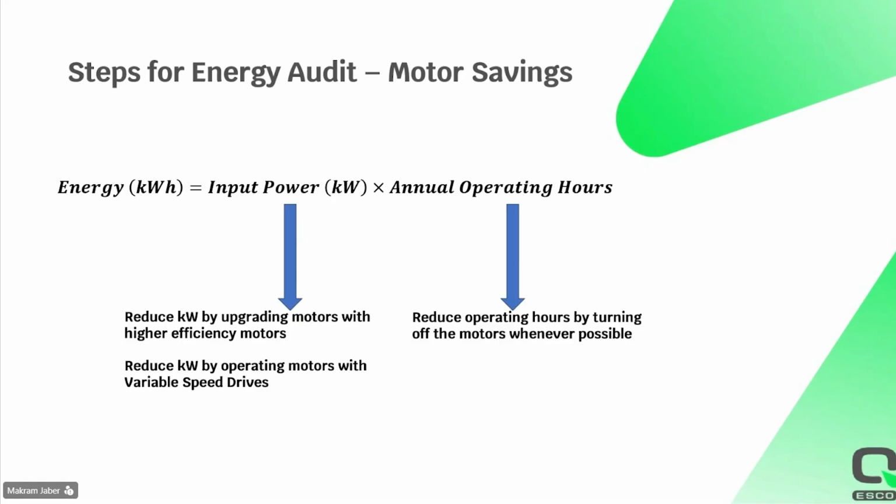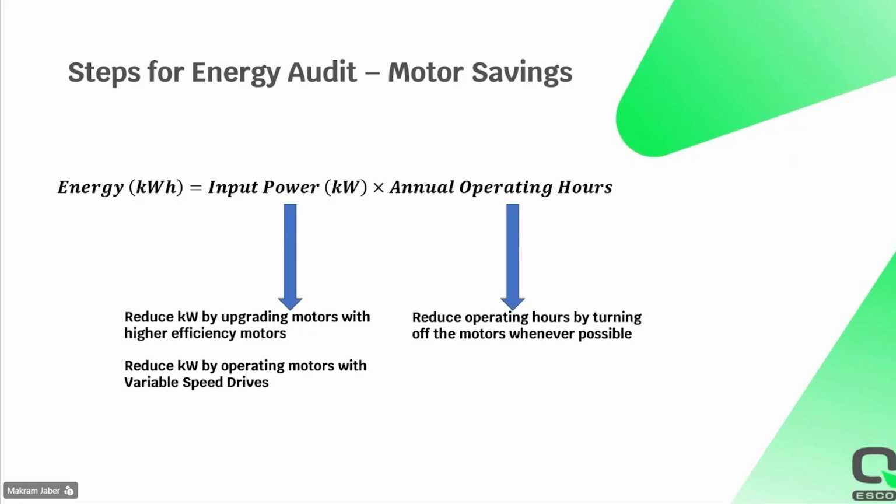We reduce the energy consumption, or we can reduce the kilowatt by the addition of a VFD. By adding a VFD on the motor, this will reduce the energy, depending on the reduction of the frequency of the motor.